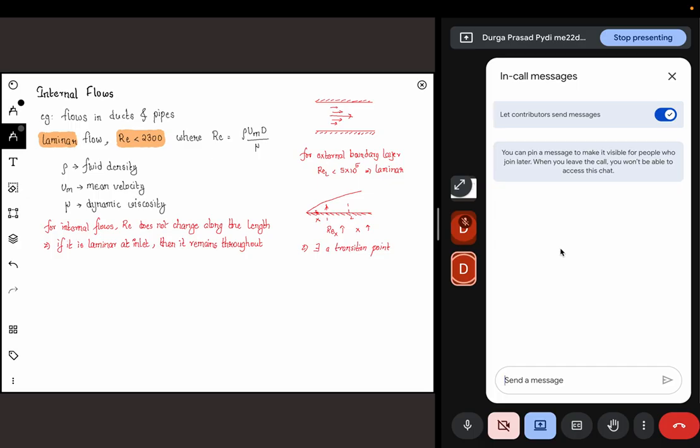So in that case, the mean velocity, if you calculate it at any cross section, will be the same. And D is also a constant if you have a uniform cross section. So under fully developed conditions where u_m and D are constant, this Reynolds number will be constant and this particular thing holds.